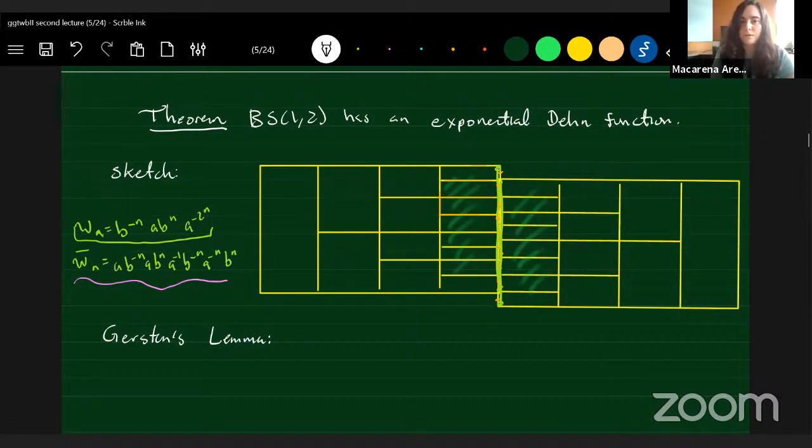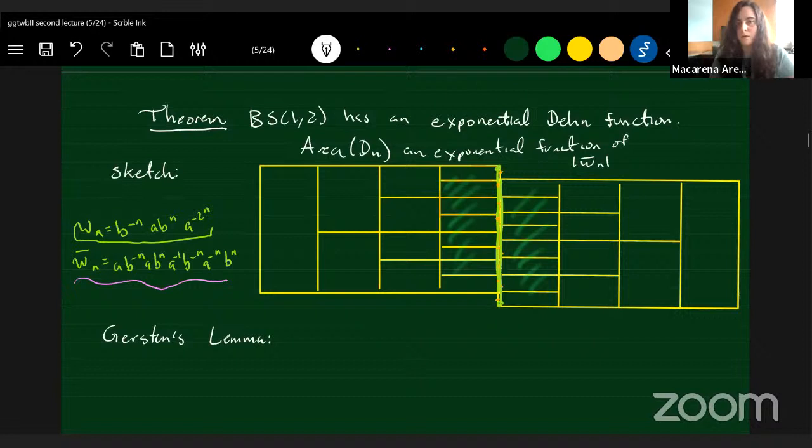So the area of this diagram, which I'm going to call the n, is an exponential function of the length of the word W bar n.